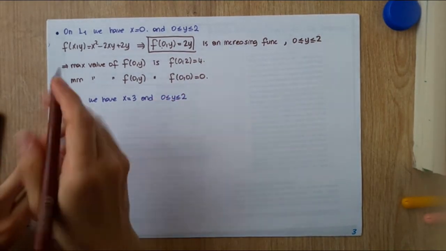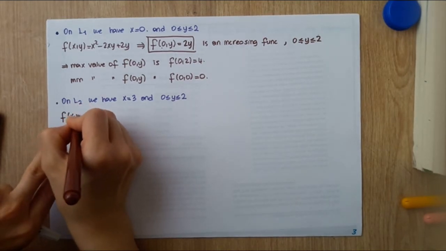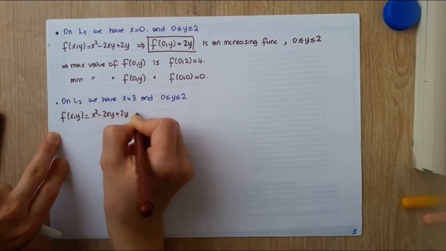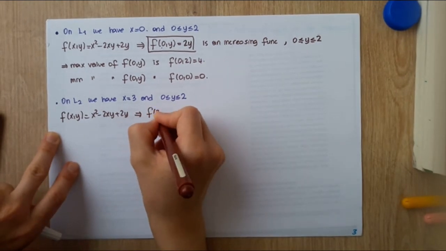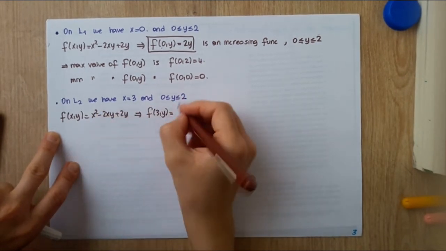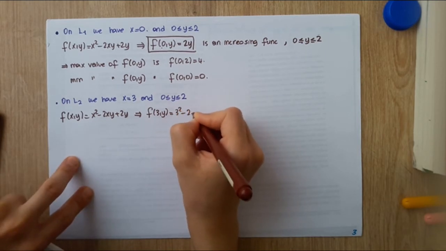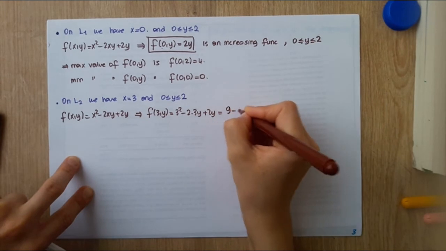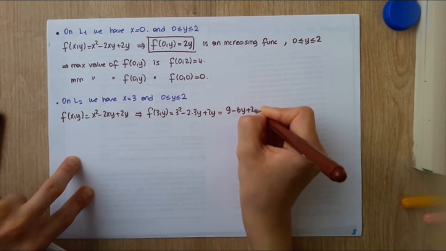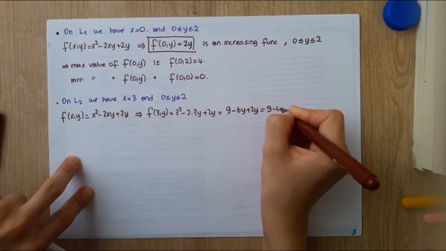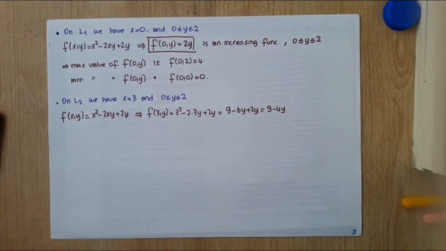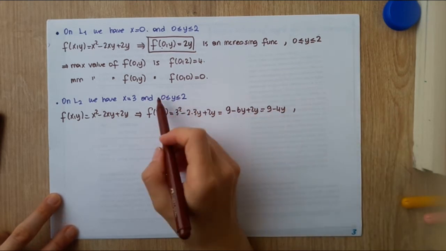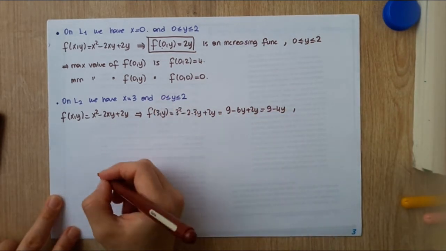Okay, so my function turns to f of 3y. So I have 3 squared minus 2 times 3y plus 2y, which means we have 9 minus 6y plus 2y, and I have 9 minus 4y. Okay, and here y changes between 0 and 2.